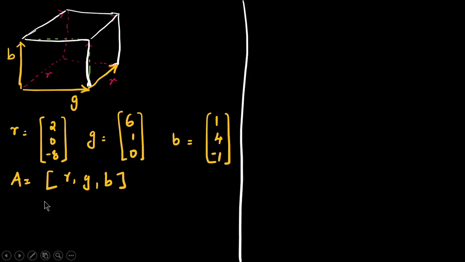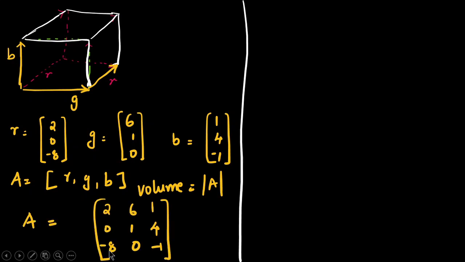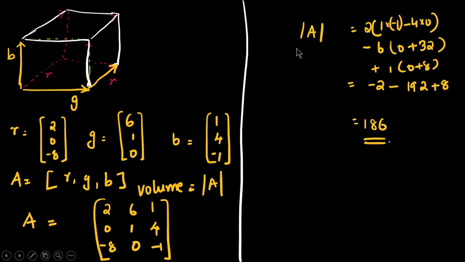And how do we represent it in matrix form like this? It will be 2, 0, minus 8, that is vector R. 6, 1, 0 is vector G, and 1, 4, minus 1 is vector B. And to find the volume of this space, of this shape, how do we find it? We will find the determinant of A. So let's find the determinant of A. We get 186.